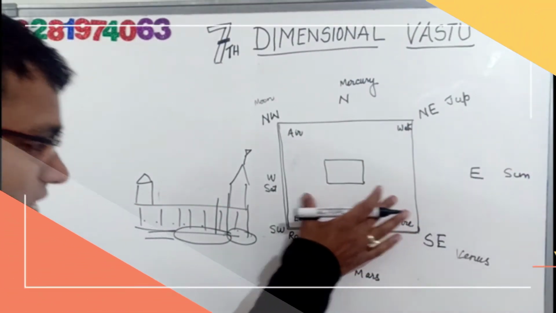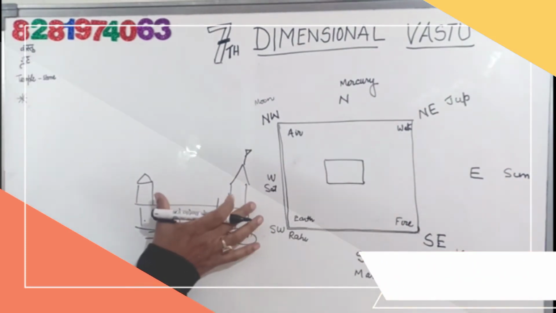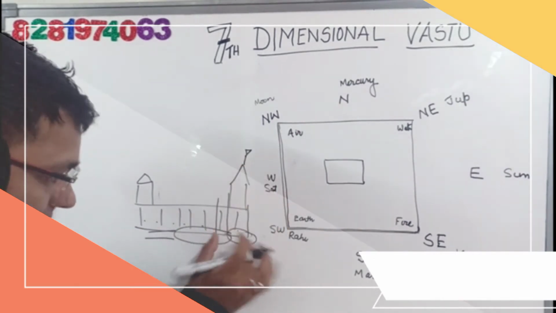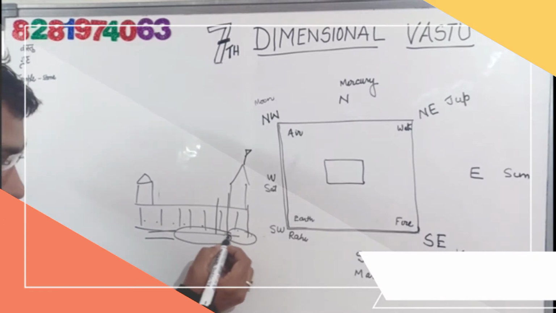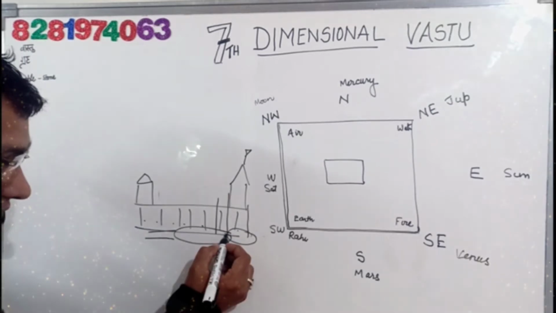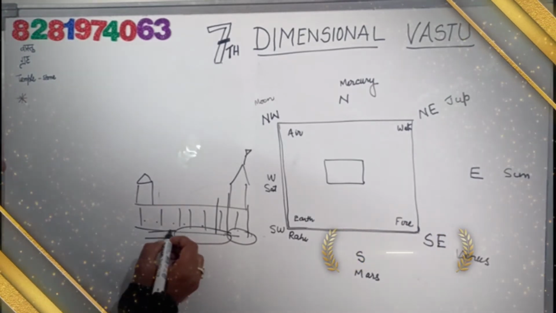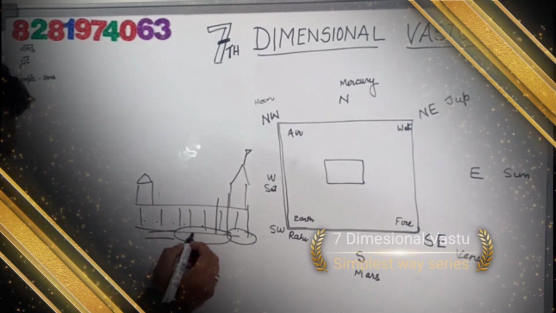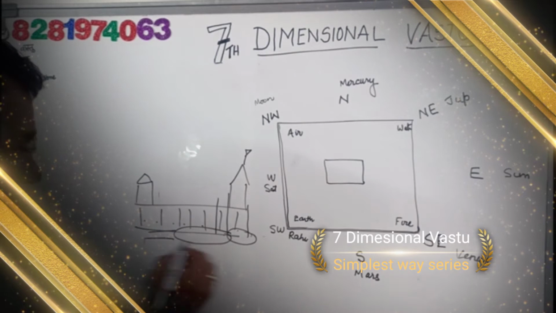In Vastu we are talking about a house, but in a temple there are seven chakras, where the main part of the temple is Sahasrar chakra, and going to the others: third eye chakra, Vishuddhi chakra, Anahat chakra, Manipur, Swadhisthana, and the last is Mooladhara. So these are the seven parts.